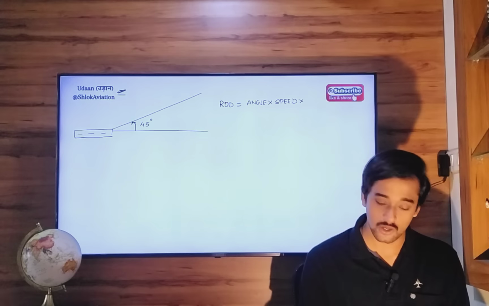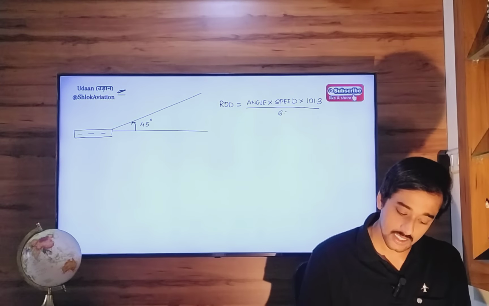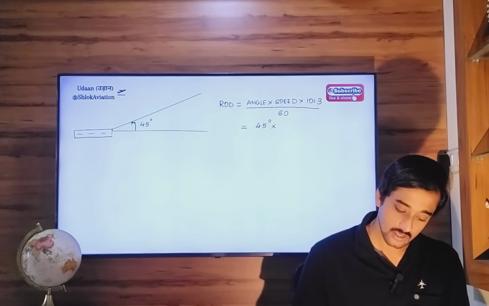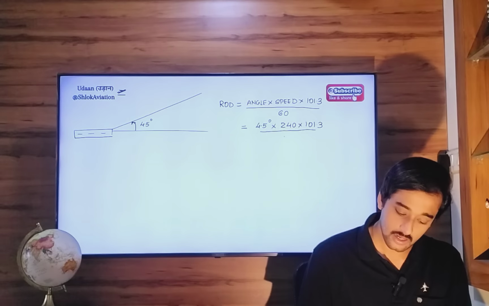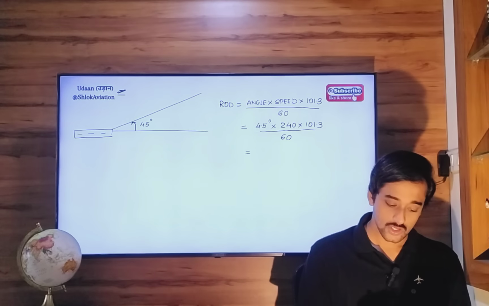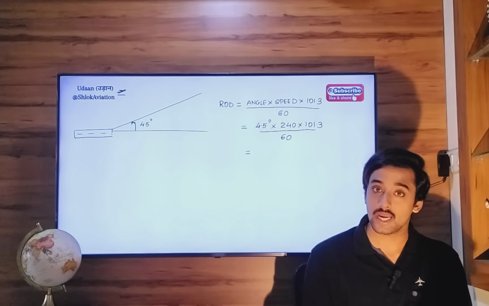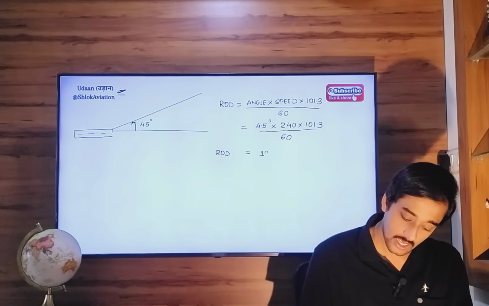So multiply speed in knots by 101.3 divided by 60. Speed is 240 knots into 101.3 divided by 60. So 4.5 into 101.3 into 240 divided by 60 is 1823. Rate of descent is 1823 feet per minute.